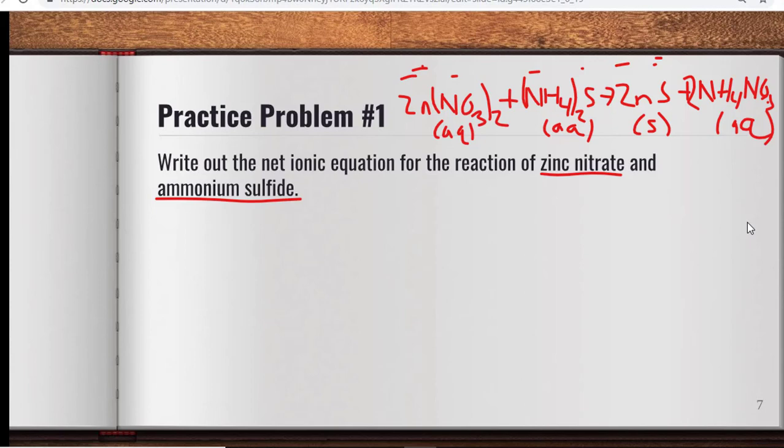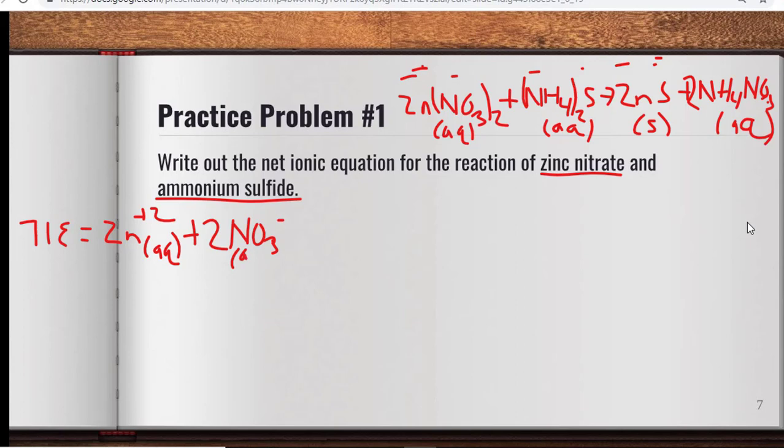So now we need to write the net ionic equation. We need to write our total ionic equation and then our net ionic equation. So let's start off with our total ionic equation. We're going to start with the zinc ion, it's aqueous, plus we have 2 NO3 ions.